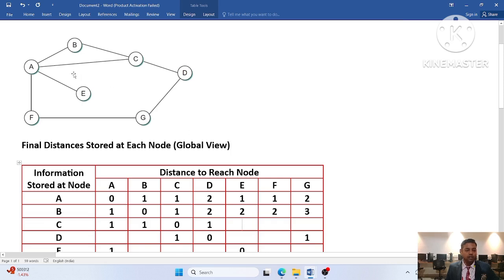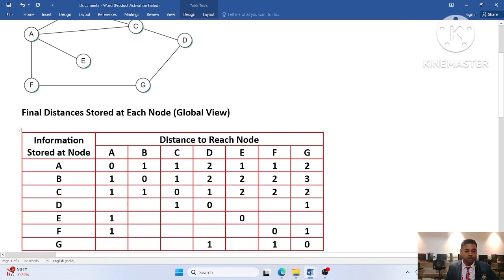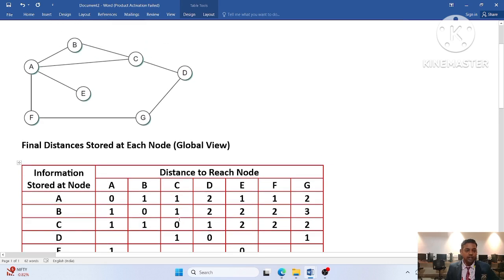So C to E via A if I go, I can reach within the path cost of 2. C to E is 2 and C to F is also 2 via A. C to G is also 2 via D. So here 2.